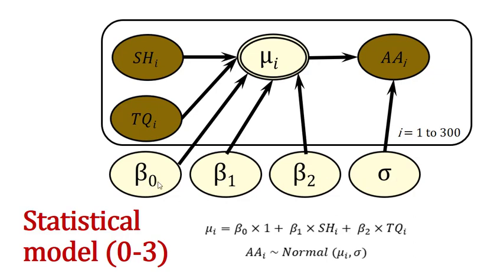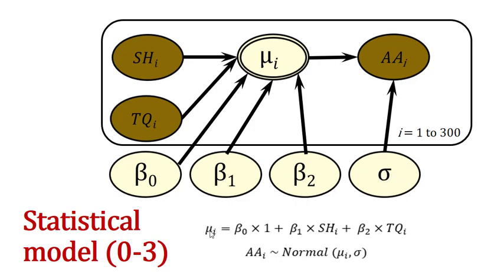So basically we have only one beta 0, only one beta 1, only one beta 2, and only one sigma. And so basically what this model is saying is that the values of academic achievement are generated by the mu's plus some error. The sigma means error, and you can see that in the formula.